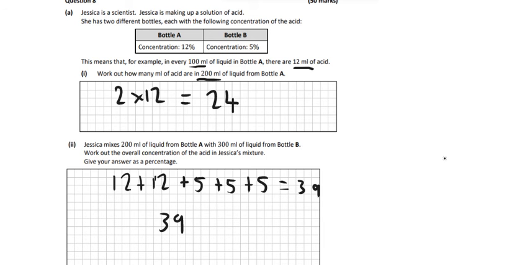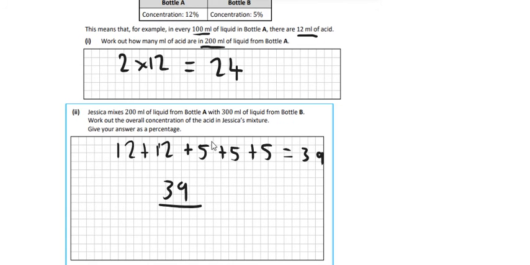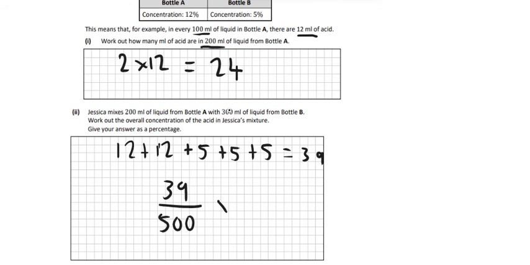So we're going to put 39 over the total to work out the percentage. The total, she mixes 200 mils with 300 mils, so 200 and 300 is 500 altogether. And then turn that fraction into a percentage: you times by 100, or times by 100 over 1.